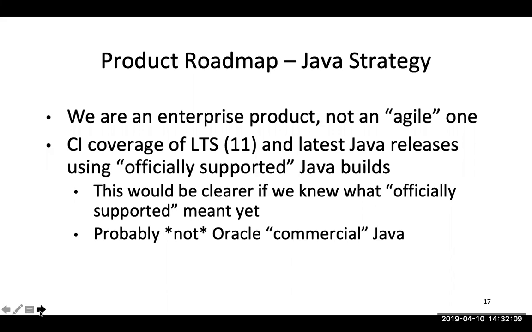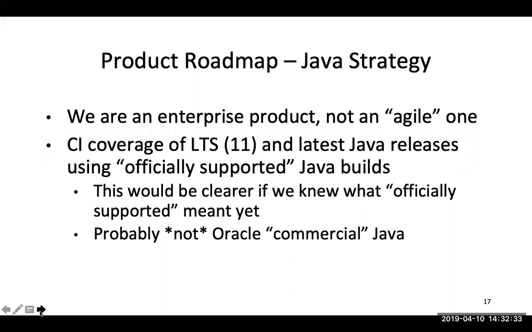What we're doing in terms of continuous integration testing is testing both the LTS release and whatever the latest Java release is that is officially available. We typically will start doing CI builds once the GA release is close. So we don't wait until it's out, but we will essentially wait for the final feature set to crystallize.